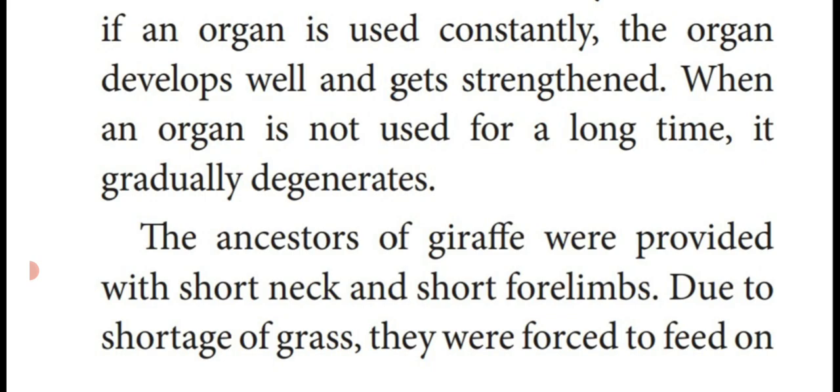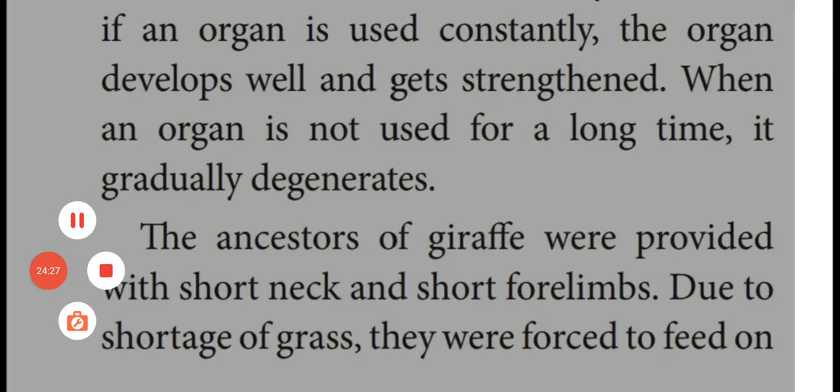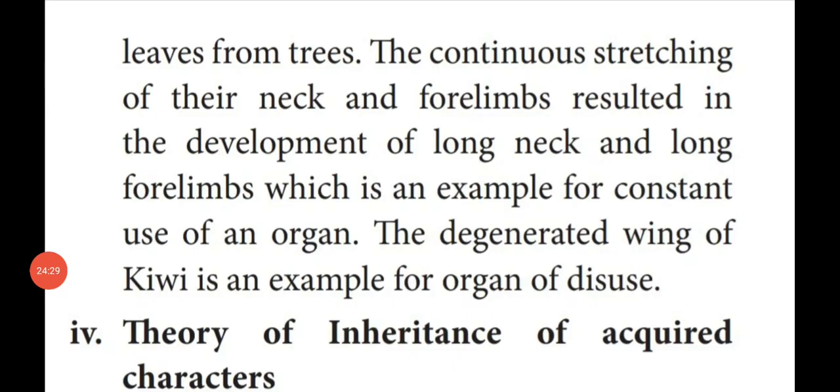That theory is known as the use and disuse theory. See the paragraph. The continuous stretching of the neck and forelimbs resulted in the development of a long neck and long forelimbs, which is an example for continuous usage of an organ, that is constant usage of an organ.